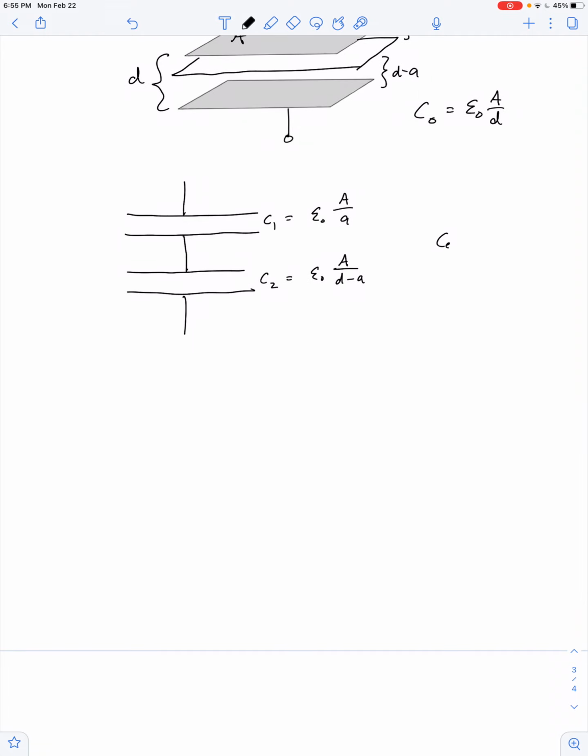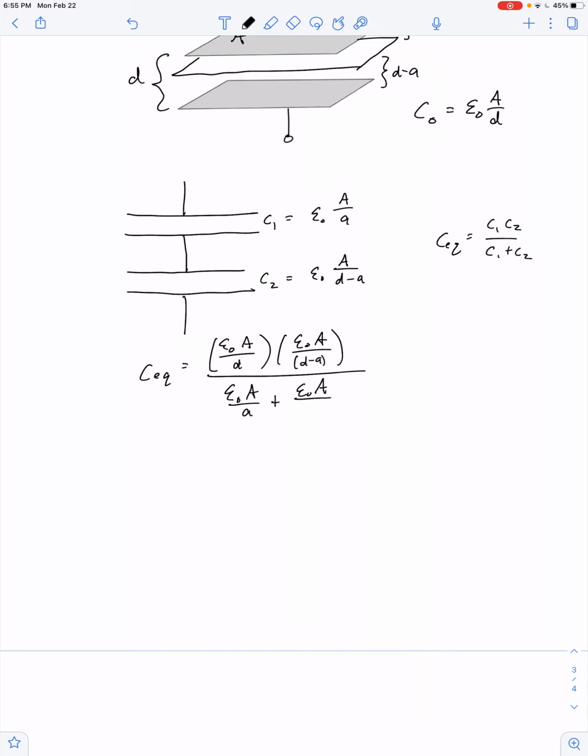So our equivalent capacitance is C1 C2 over C1 plus C2, or in other words, the equivalent capacitance is epsilon naught A over a multiplied by epsilon naught A over quantity d minus a, all divided by epsilon naught times area over a plus epsilon naught times area over quantity d minus a.